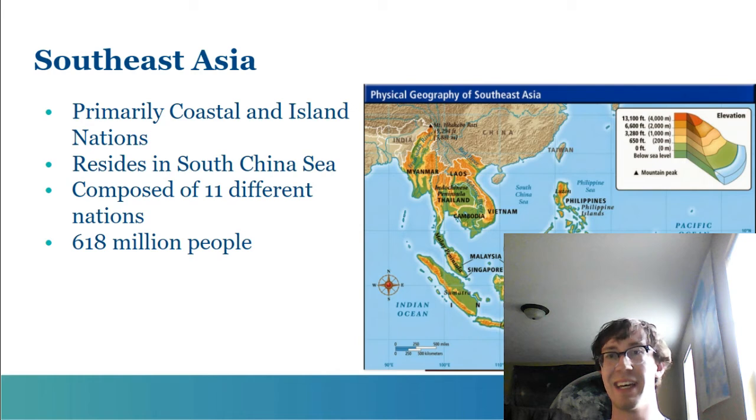And not only that, it's composed pretty much of all either peninsula, like coastal nations, or just completely island nations. So just looking at this map here, you can see just how vulnerable a lot of these areas are going to be to sea level rise, because they have so much coastline and so much of it is pretty low elevation, which you can see in the light green.